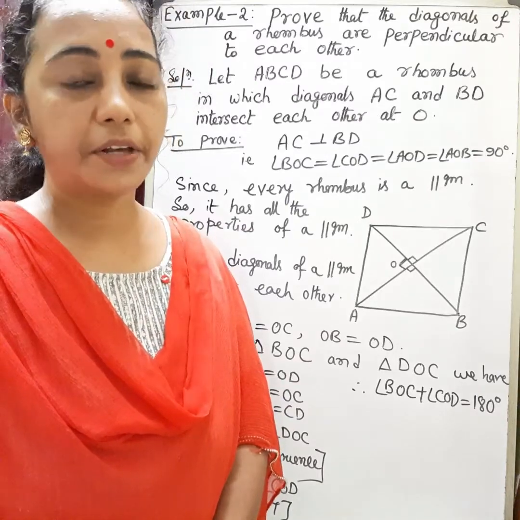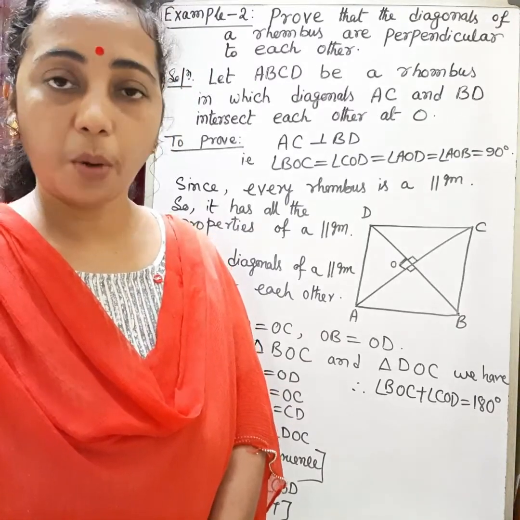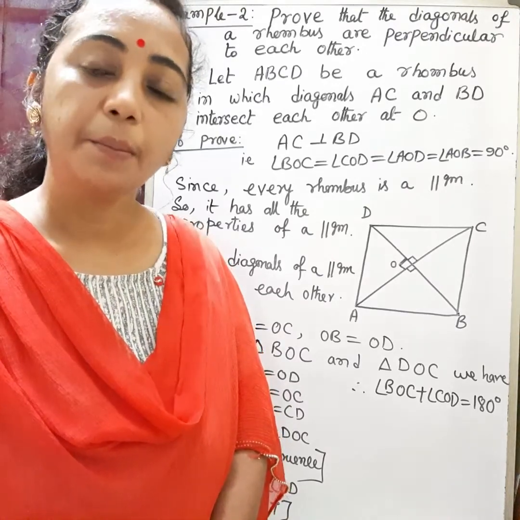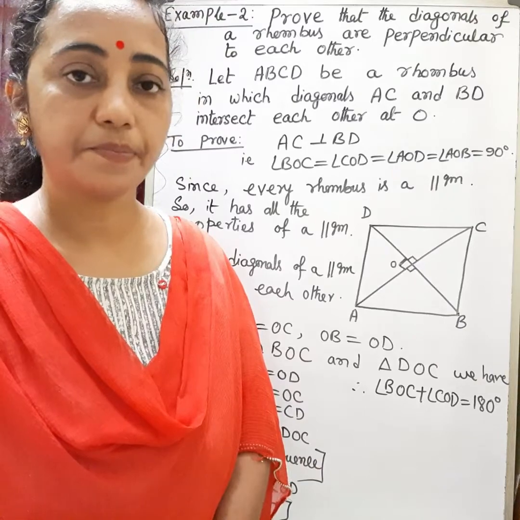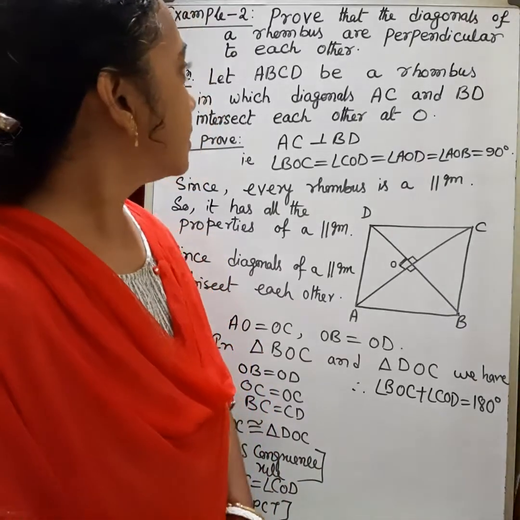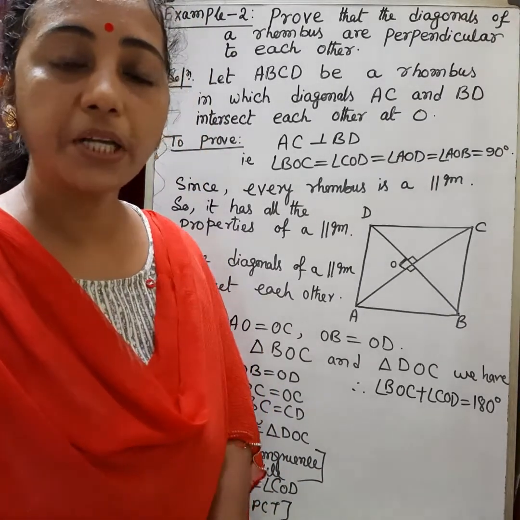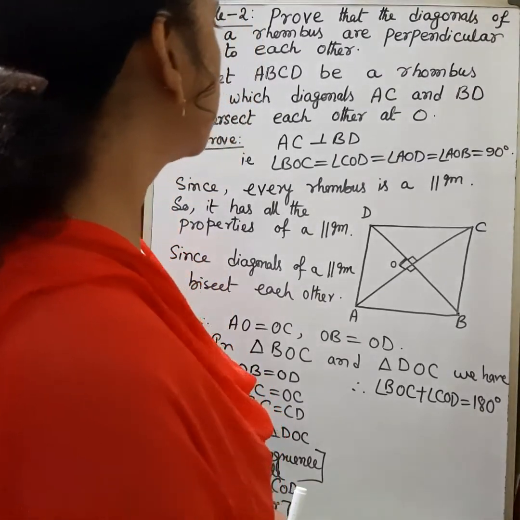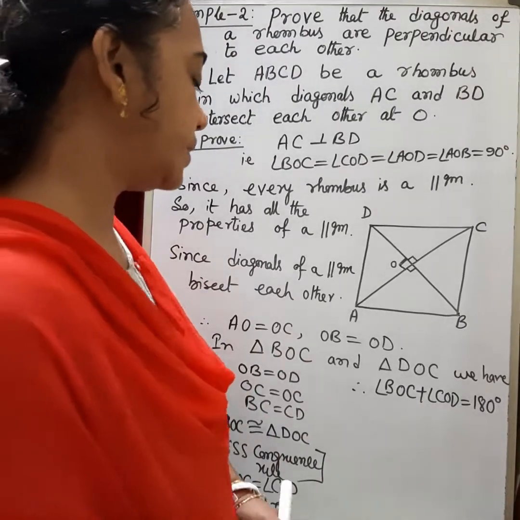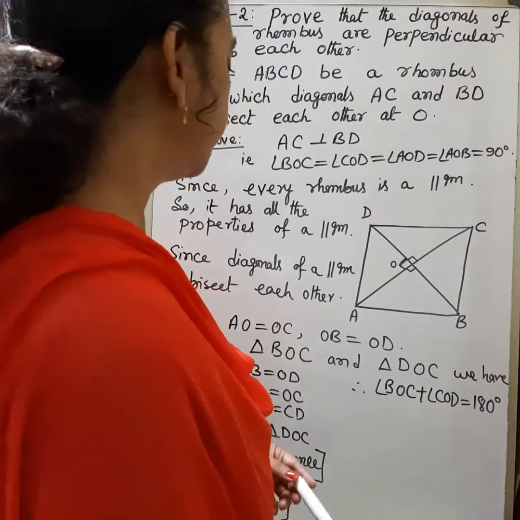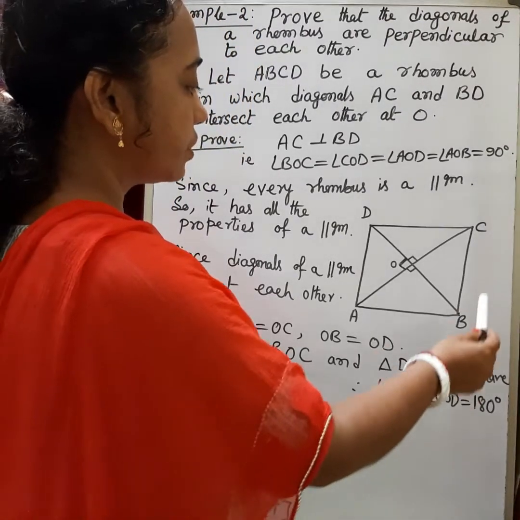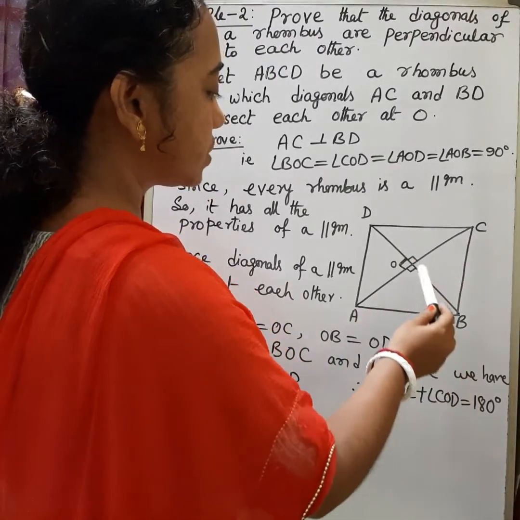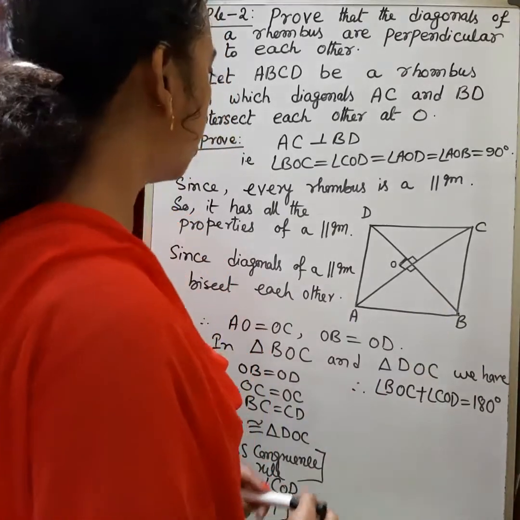Now let us verify one of the important properties of a rhombus, that the diagonals of a rhombus are perpendicular to each other. In order to prove this, let us consider that ABCD is a rhombus in which diagonals AC and BD intersect at point O. The figure is already shown here.